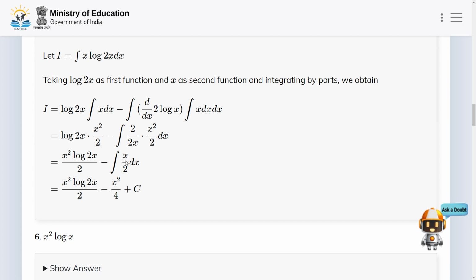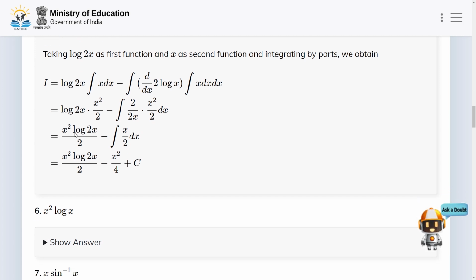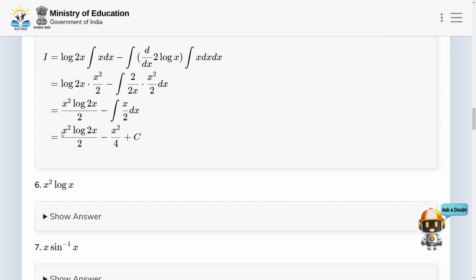After simplification, what you get is x square log 2x by 2 minus the integration of x by 2 dx. Now x square log 2x divided by 2 minus x square by 4 plus c will be your final answer. I hope it is clear to you.